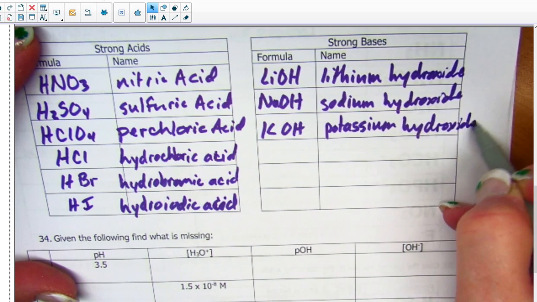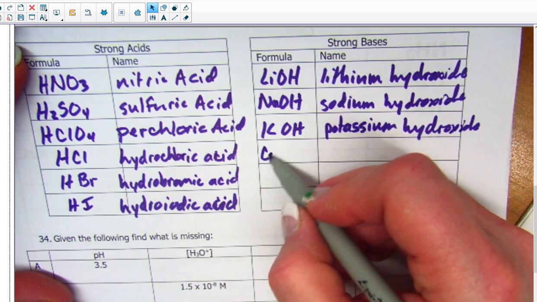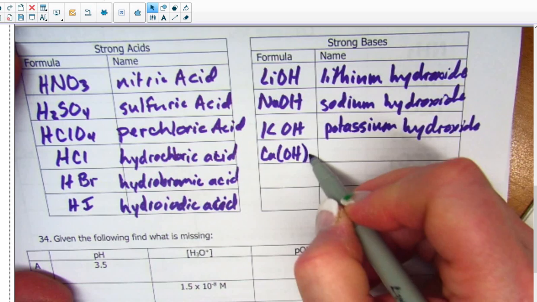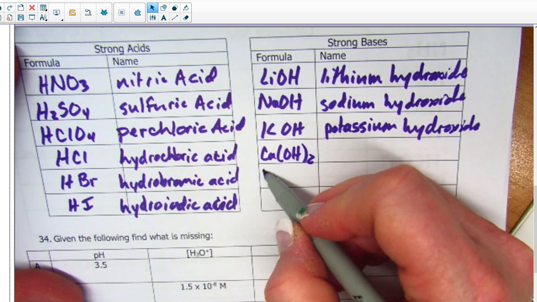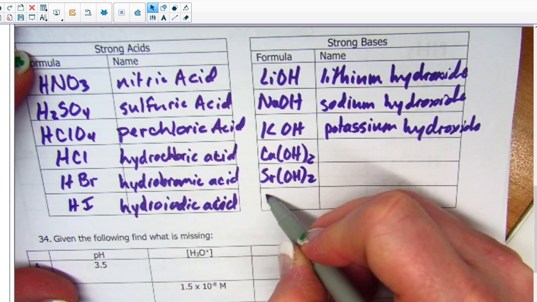Then you slide over a column to the second column, and you start with calcium, and so it's the second column, it needs 2 hydroxide: calcium hydroxide, strontium hydroxide, and barium hydroxide.